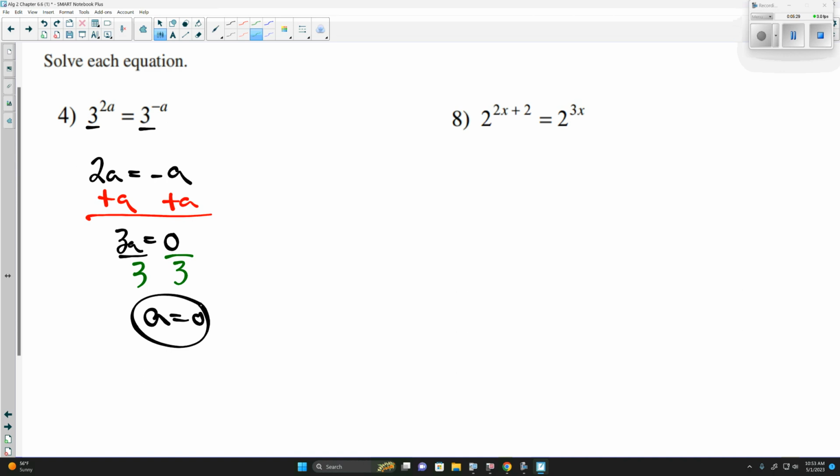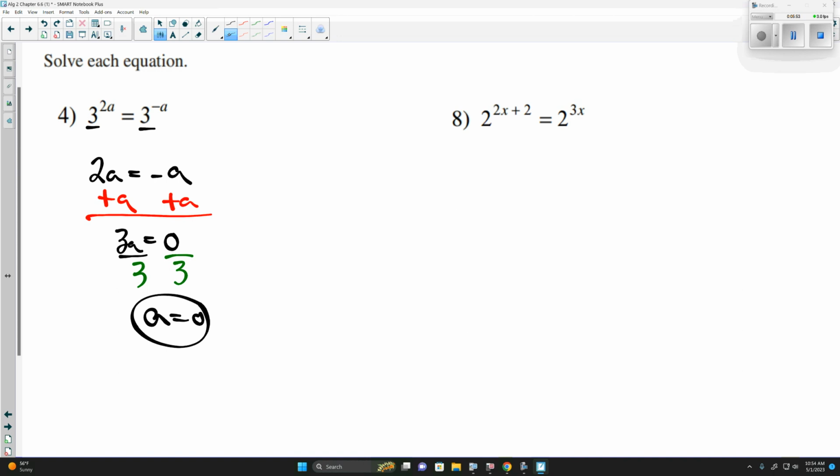Any questions over any of this here so far? So let's look at the next one. 2 to the 2x plus 2 is equal to 2 to the 3x.